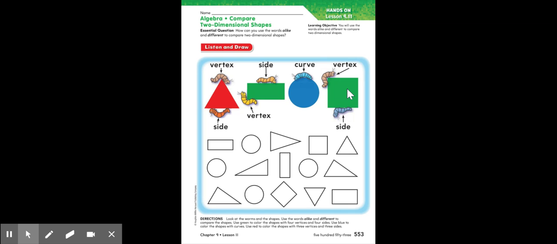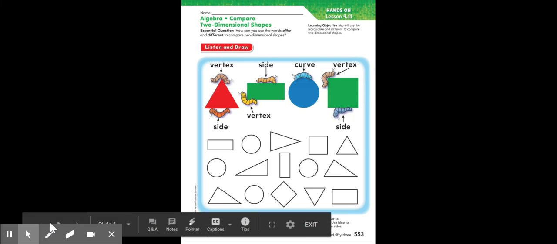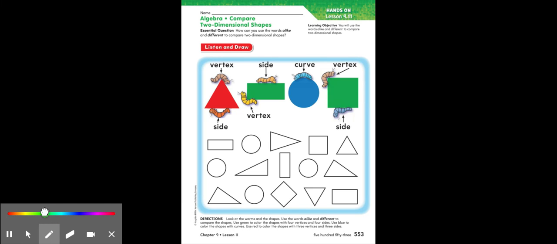But what's really special about the square is that all of its 4 sides are the same length or size. So you're going to get a green marker or crayon and color in all of those rectangles and squares green. That will help us compare so we know that squares and rectangles are alike.